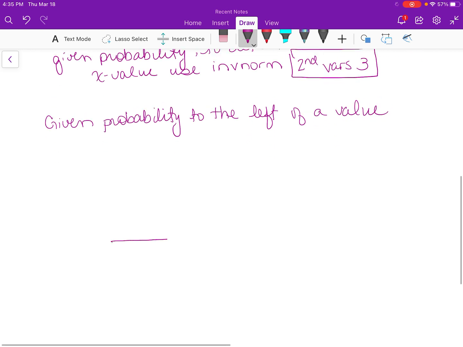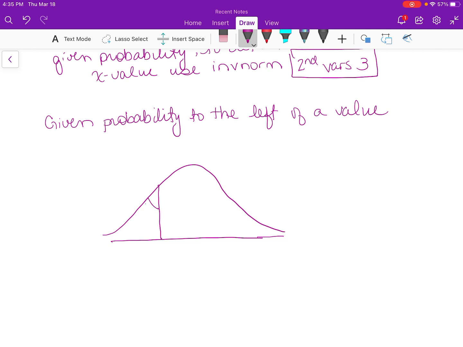So on a normal curve, to use the inverse norm function, you're going to know what the shaded region is. So this might be something like 0.26.